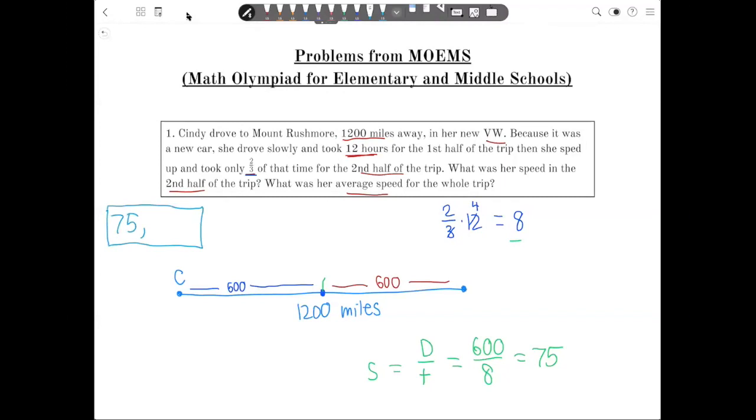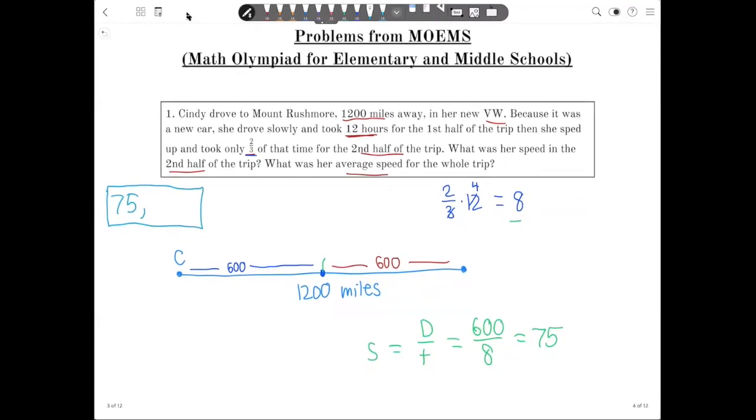But now here's the more tricky part of the problem. Find the average speed. And if you remember from earlier, that's just total distance divided by total time. Now this is not going to be that hard to do. What is the total distance that she travels across the whole trip to Mount Rushmore?